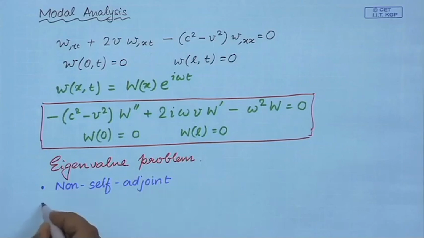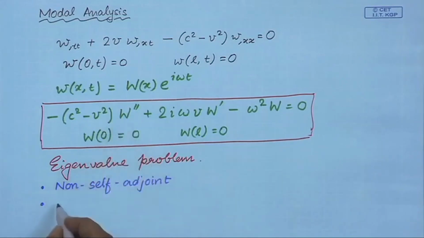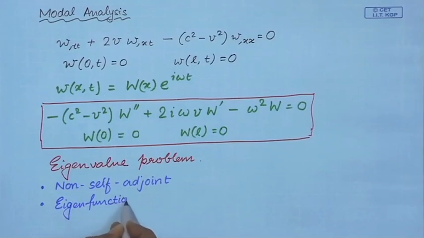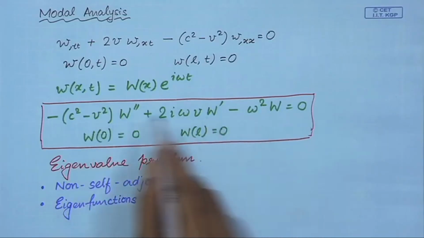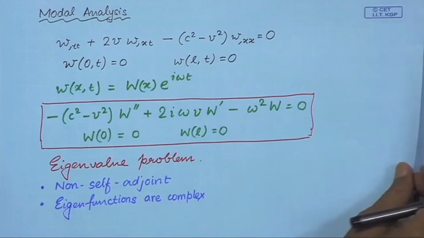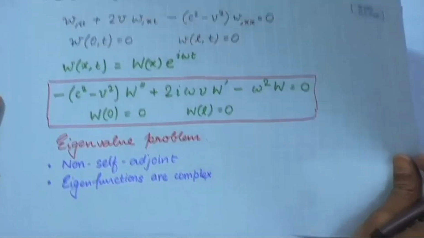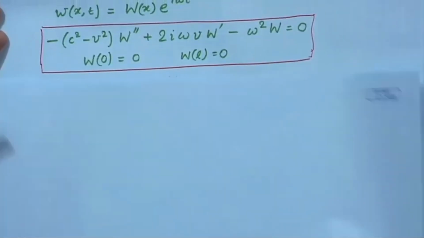The second thing is these eigenfunctions are complex, which we can easily make out from here. So, the eigenfunctions are going to be complex. So, let us try to solve this eigenvalue problem.